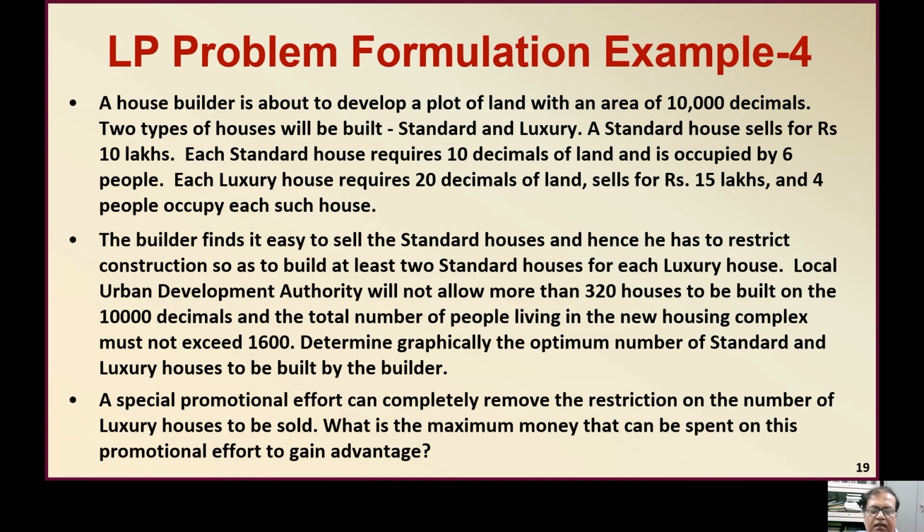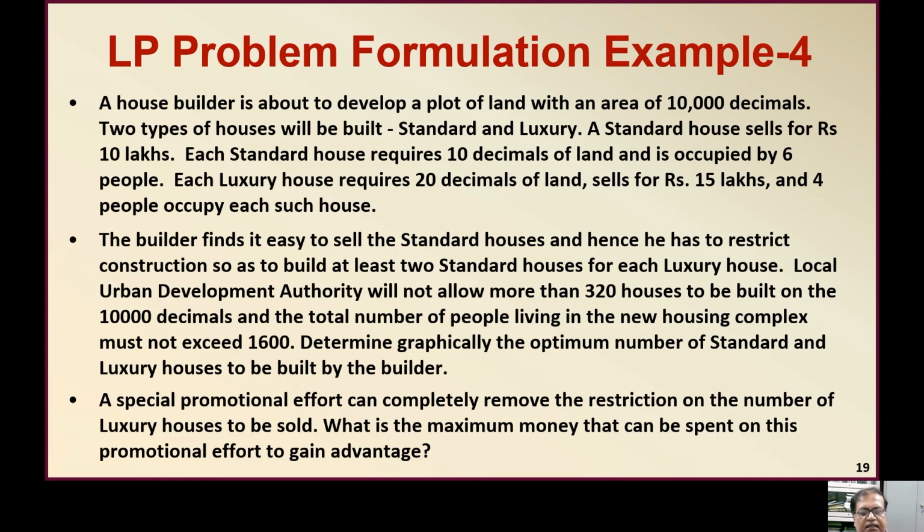Now a house builder is about to develop a plot of land with an area of 10,000 decimals. Two types of houses will be built, standard and luxury. The standard house sells for rupees 10 lakhs. Each standard house requires 10 decimals of land and is occupied by 6 people. Each luxury house requires 20 decimals of land and sells for 15 lakhs, and 4 people occupy each such house.